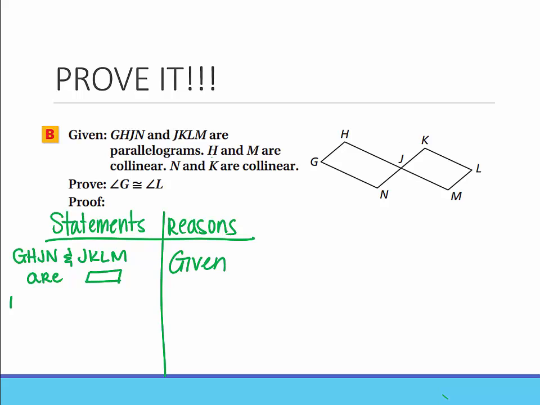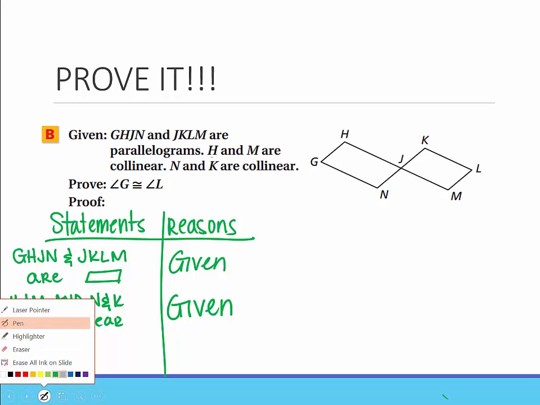And then they tell us H and M and N and K are collinear. Again, given. All right, that doesn't really tell us much.